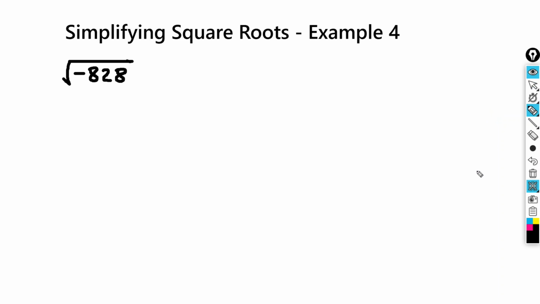Okay, in the last example I'm going to cover in this video, we're going to simplify the square root of -828. Now this one's not going to be as nice and neat. It's going to be a little bit messy, so let's dig into it. So first off, I notice there's a negative number here. So I'm going to break this into -1 times 828.